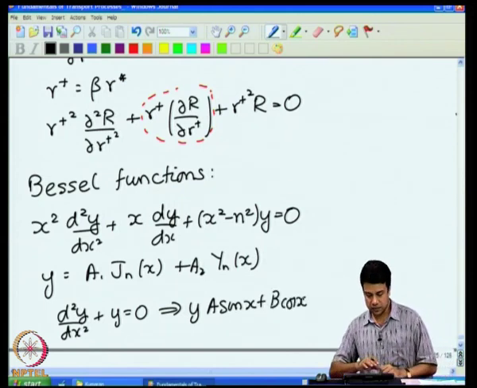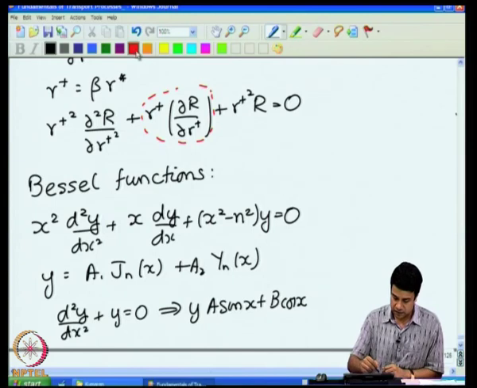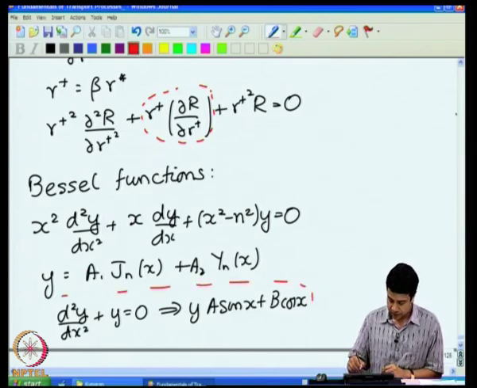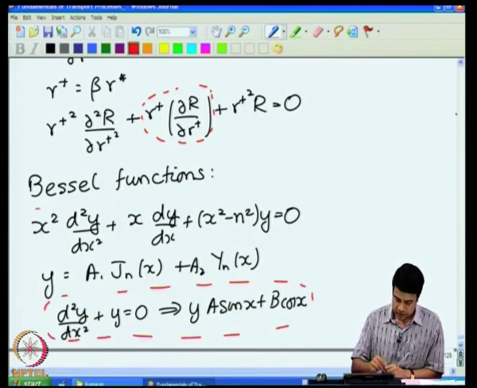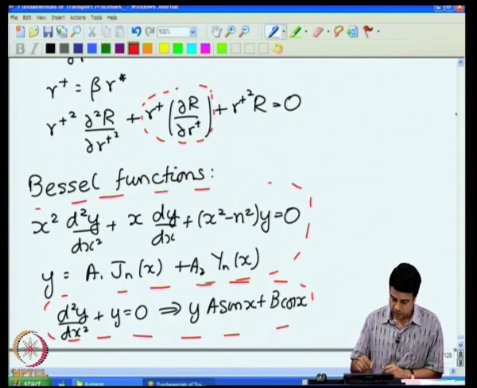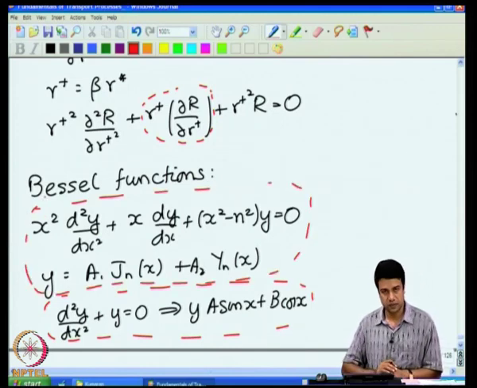Okay. Exactly analogous to this solution for sine and cosine functions. These are the solutions for the Bessel equation. The Bessel equation has these two solutions.